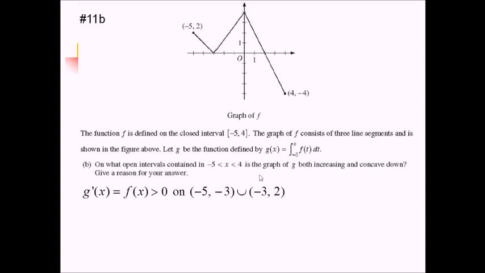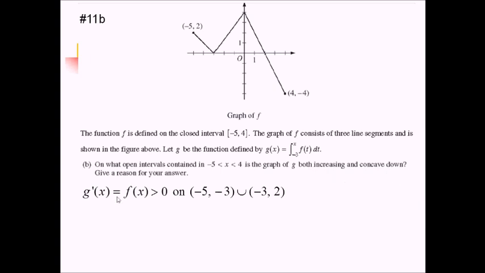But the way the AP test is structured, that's not going to end up affecting your final answer. Right now, it looks like it could affect it, whether or not we include this -3, but you'll see that it doesn't. Keep going here. So for concave down now, we need to know where g prime, which again is this graph, is decreasing.